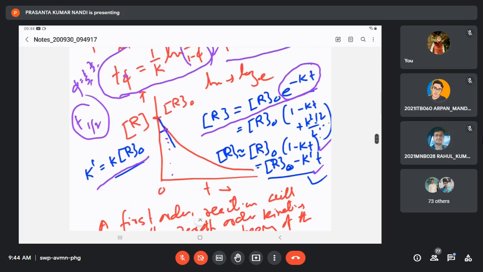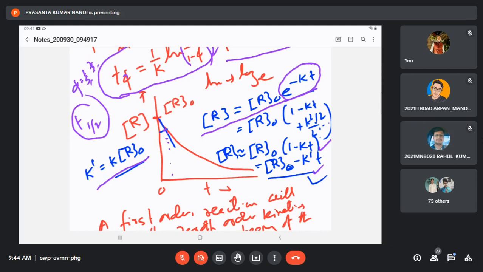Look, we start with the integrated rate equation, that is R equal to R0 e to the power minus kt. And if we expand this exponential term in a power series, then we can write R0 into 1 minus kt plus k squared t squared by 2 factorial minus k cubed t cubed by 3 factorial, and so on.